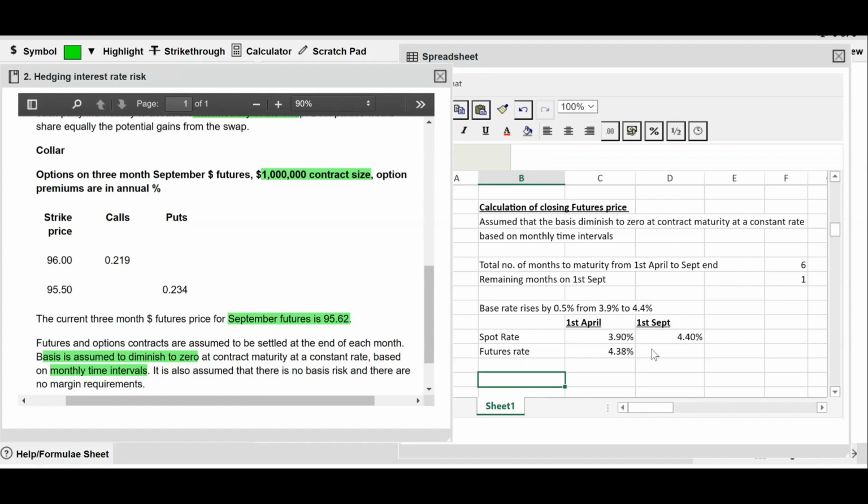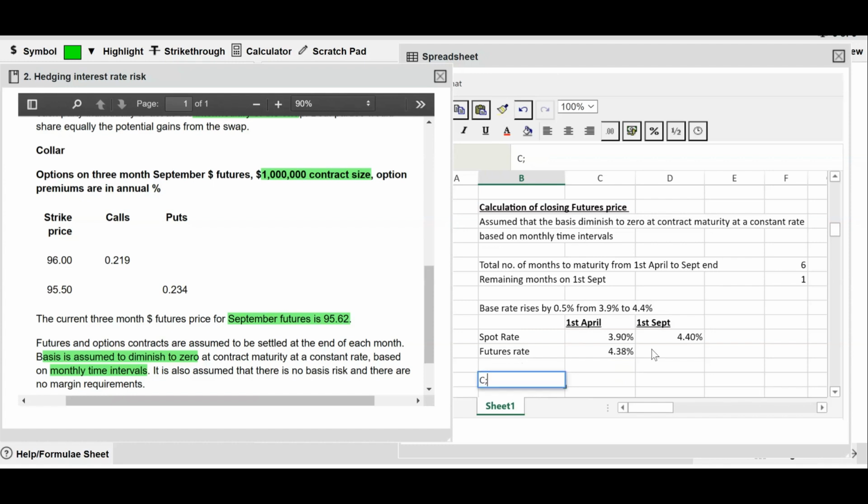We'll be able to find the closing futures rate as equal to the closing spot, which is 4.4, plus the difference between the opening futures and the current spot rate, multiplied by the remaining months divided by the total months.